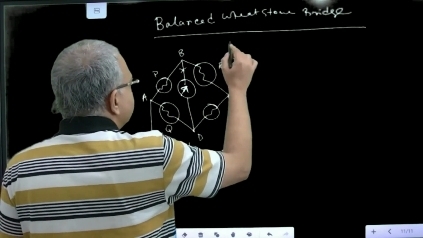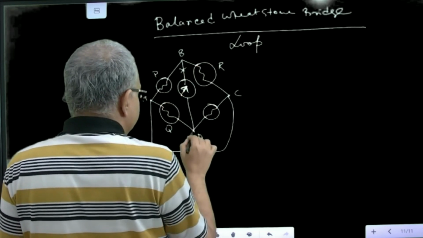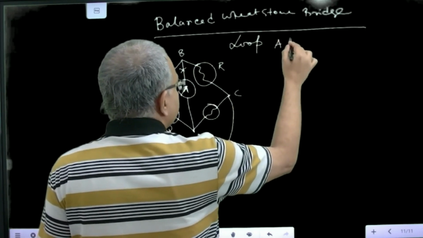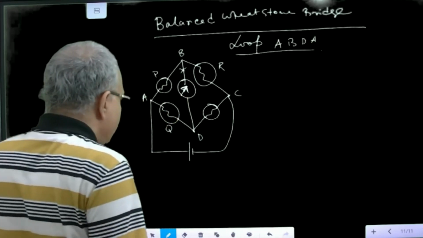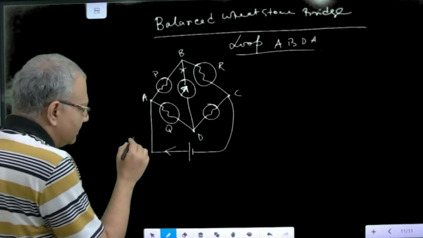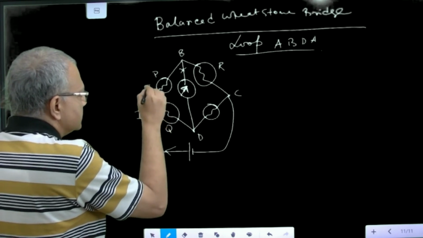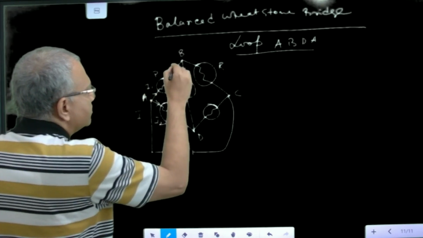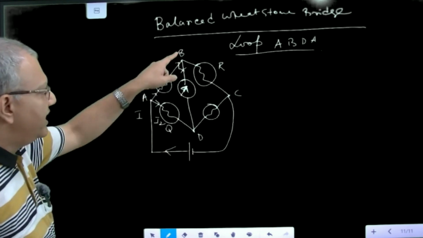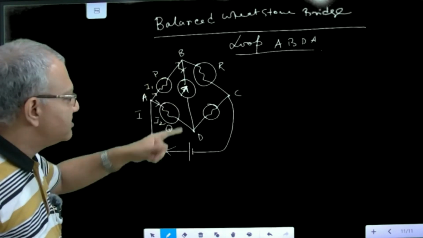So let us think of the loop A, B, D, A. If a current I is coming, there are two branches of the current: this is I1 and in this direction I2. I1 comes here, and if there is no current flowing through this branch BD, there is no deflection in the galvanometer.